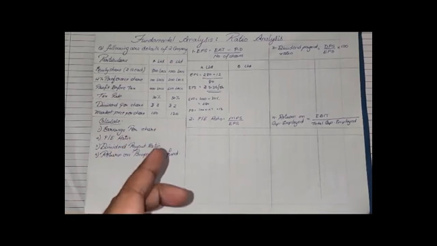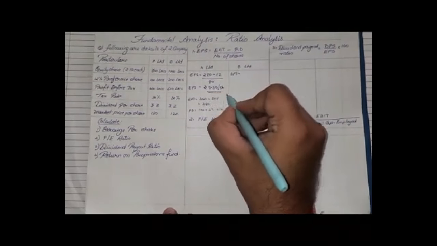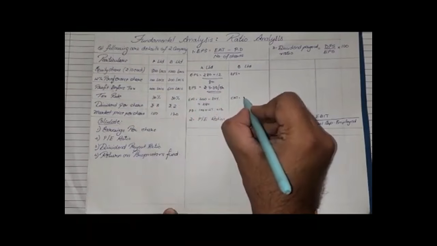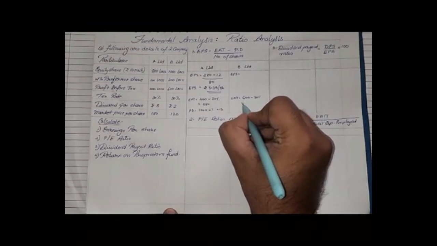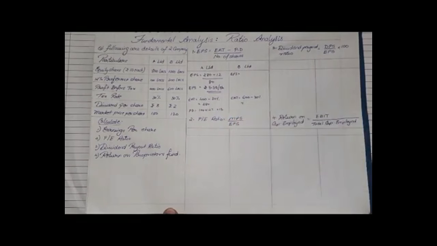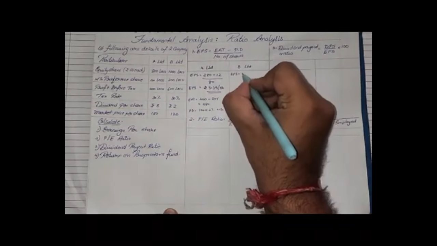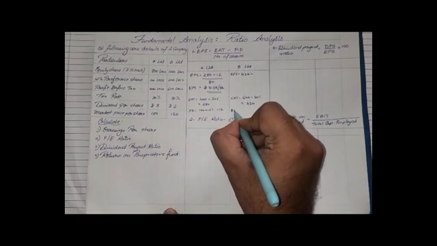Now similarly we'll have to find it for B Limited. So again I'll just note down the formula. EPS is equal to, first I need to find earning after tax. So earning after tax will be before tax, that was 600, less tax percent, which was 30%. So it will be 600 minus 30%, and our value will be approximately 420. So our earning after tax is 420 less preference dividend.